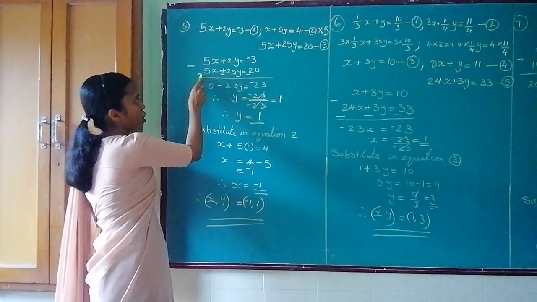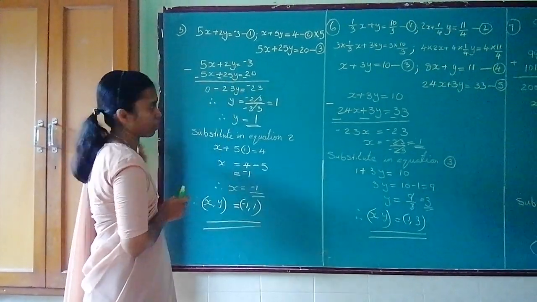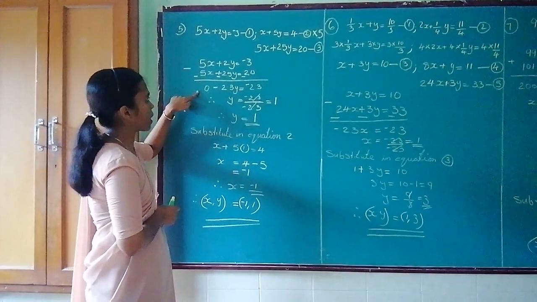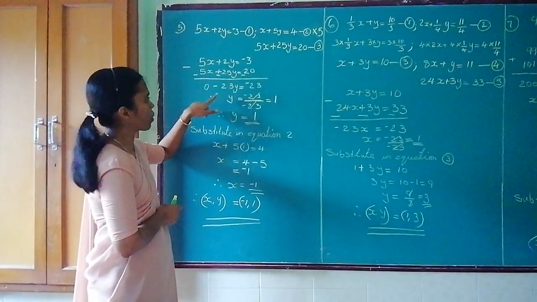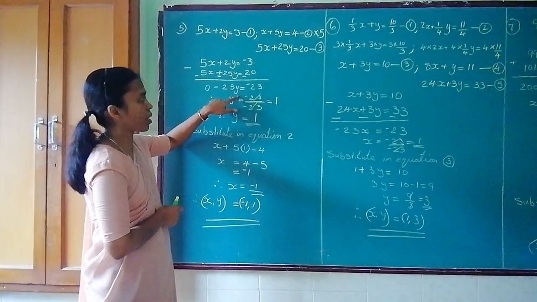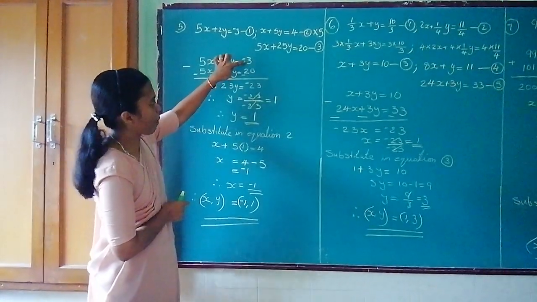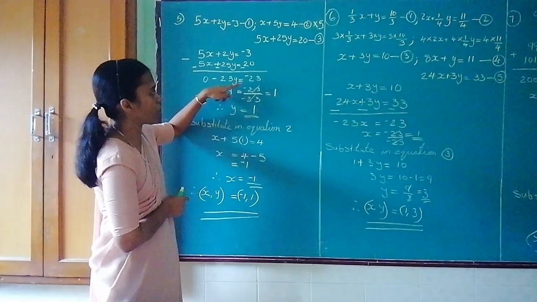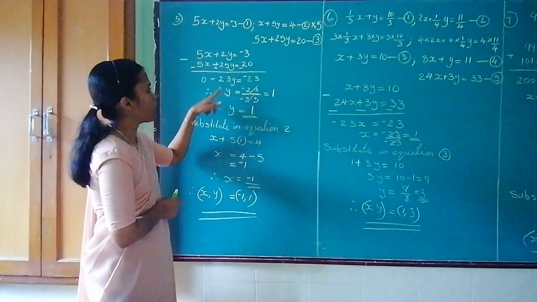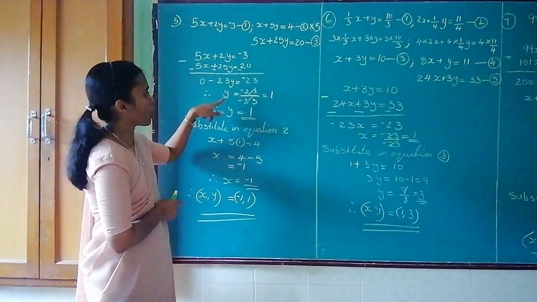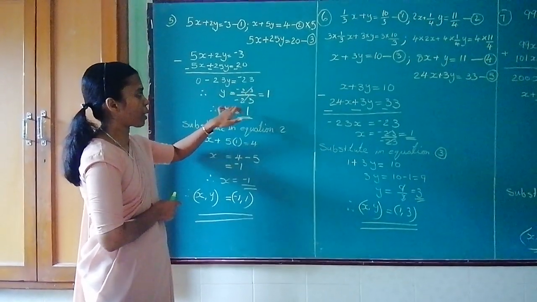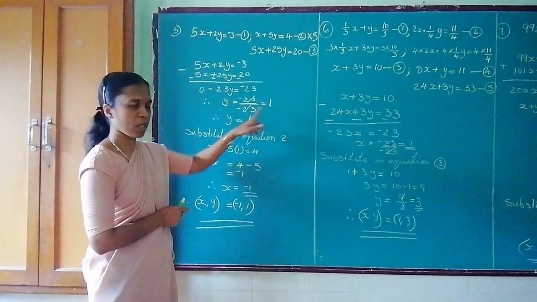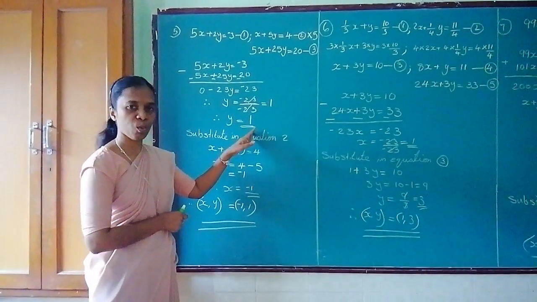It is very important to show the signs over here. Okay? 5x and 5x get cancelled. Plus 2y minus 25y, you get -23y = -3 - 20. Solving it, keep only y over here, -23 upon -23, minus and minus gets plus, therefore it is 1. Therefore you get y = 1.